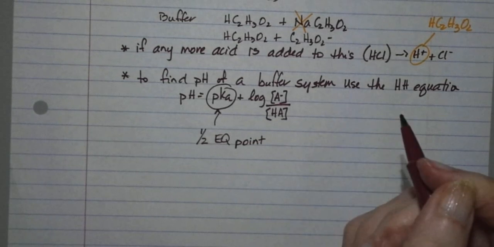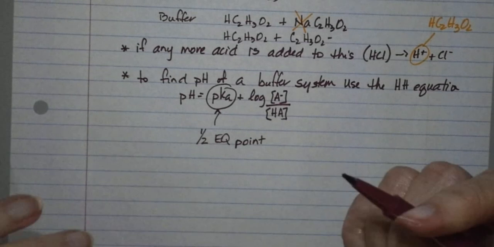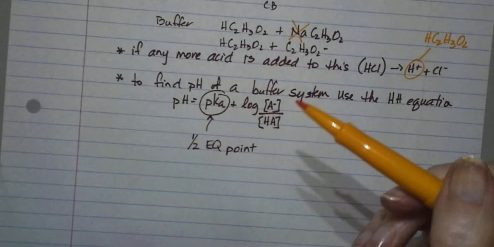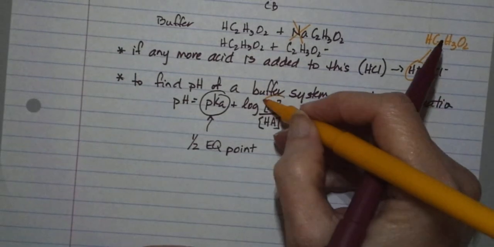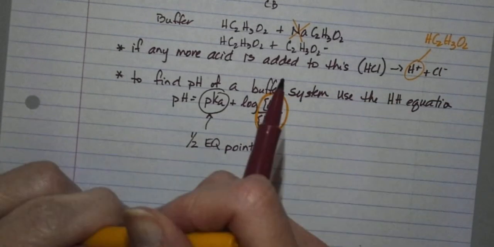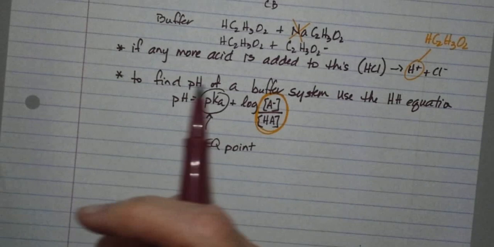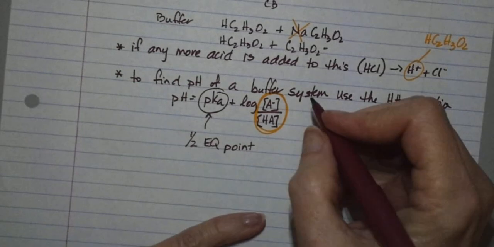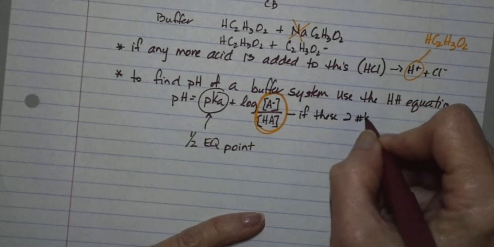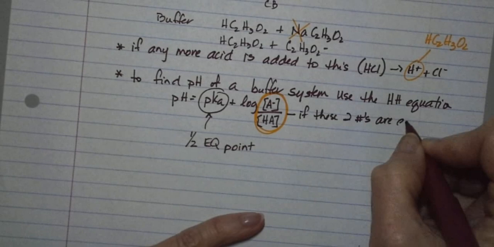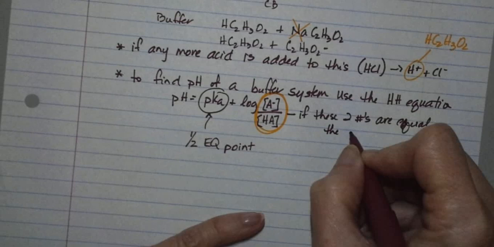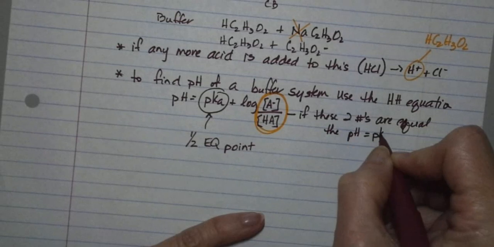If these two numbers are equal, then the pH equals the pKa. And when you're doing a titration, that's at the half equivalence point.